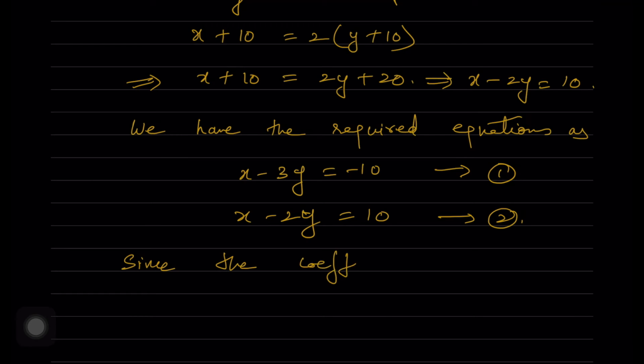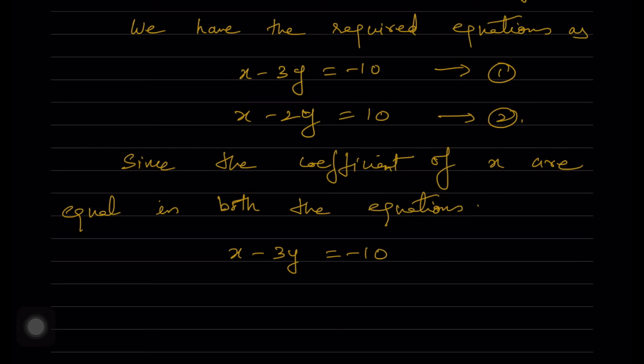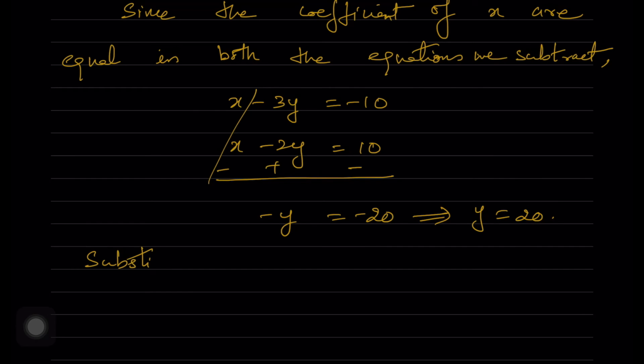Since the coefficients of x are equal in both equations, you can subtract both of them. x - 3y = -10, x - 2y = 10. So if you put the minus sign over there, you will get x minus x. This becomes -y = -20, which implies y = 20.